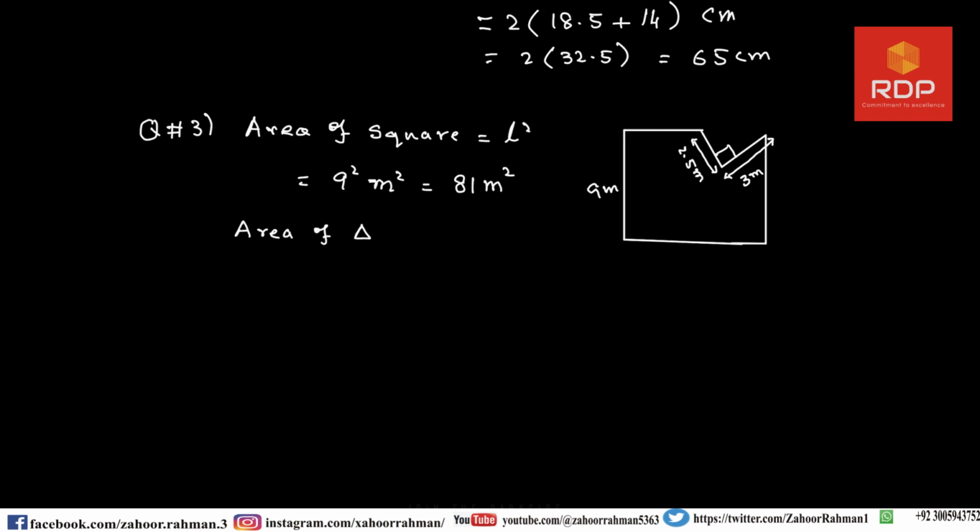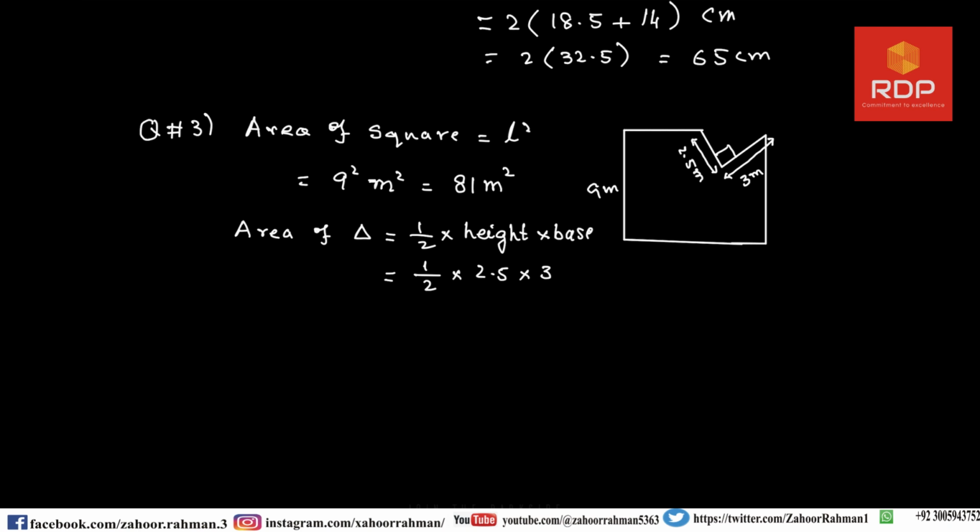Now we have to find the area of the triangle, and that is equal to 1 over 2 into height into base. Putting the values inside it, the height is 2.5 while the base is 3.